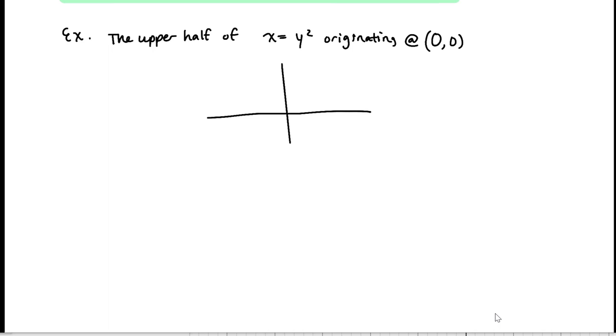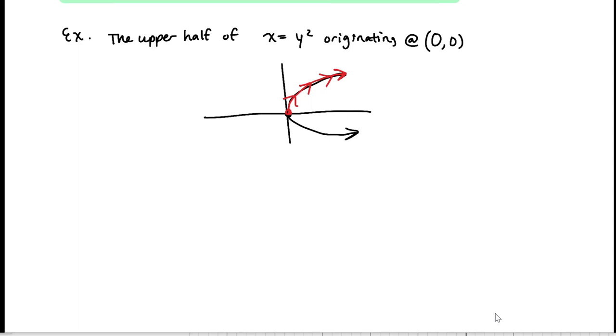So x equals y squared is this sleeping parabola, is what we frequently call it. So what we're looking for is we want to get just this top half, and we're supposed to be traveling like that, right? So right away I can kind of tell that my starting curve is not a function of x, and I can also tell that from the equation.